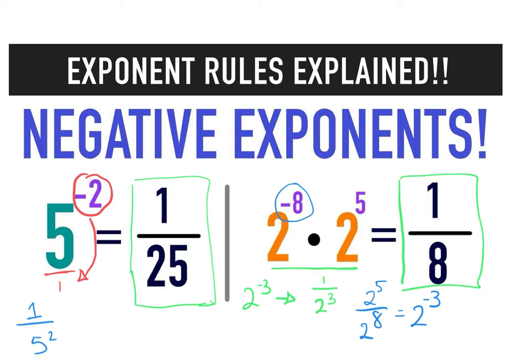To make that 3 positive, I moved it to the bottom. Or you can know that the bigger exponent is at the bottom. So when you subtract to keep it positive, you need to keep it at the bottom. So when I simplify this, 2 is going to stay at the bottom, and 8 minus 5 is 3, so it's going to stay at the bottom. And then simplify the 2 to the third power. So there are different ways to deal with negative exponents, which can feel confusing when there are different options you can take.